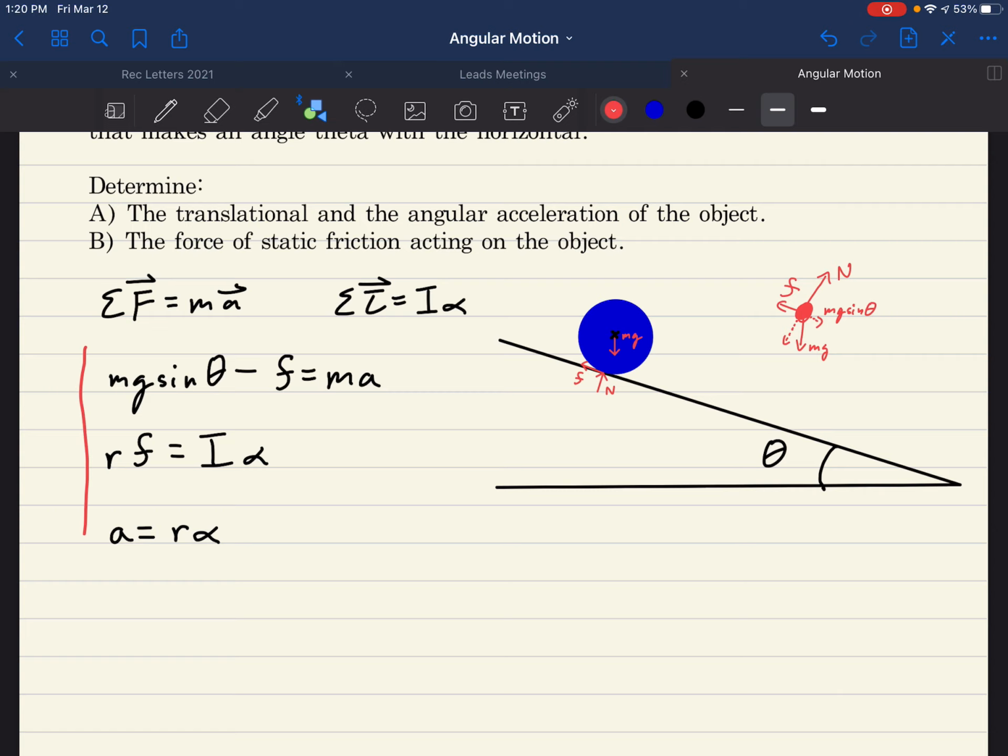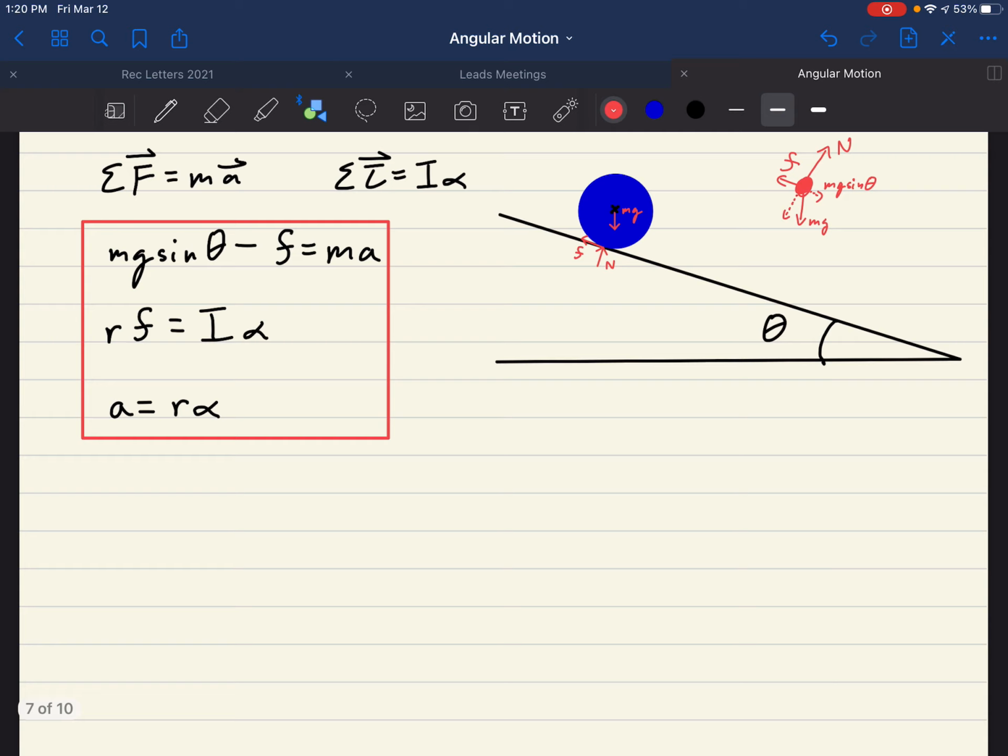Let me box these up so that we can keep them straight. Why don't we first solve for the linear acceleration.